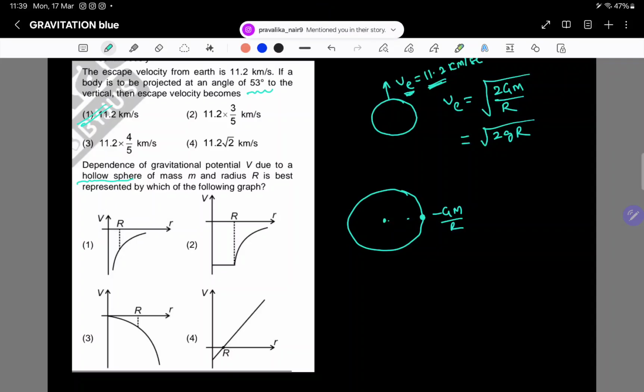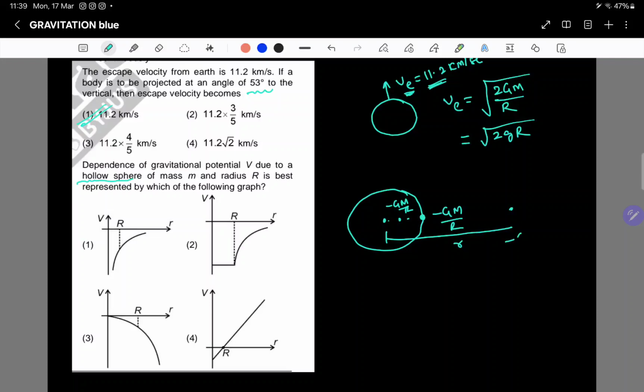The potential inside is also minus GM by R. At an outer point, as the distance from the center and from the surface increases, the potential at the outer point is minus GM by small r. It is inversely proportional to r, which means it decreases, but because of the negative value here, it increases. So from the center to the surface it is constant, and from the surface outward it varies with distance, students. So the second option is correct.